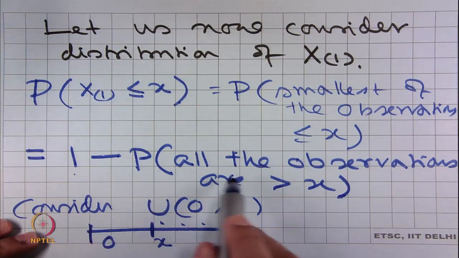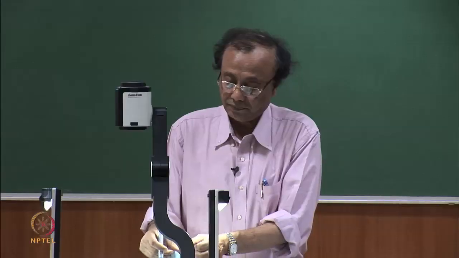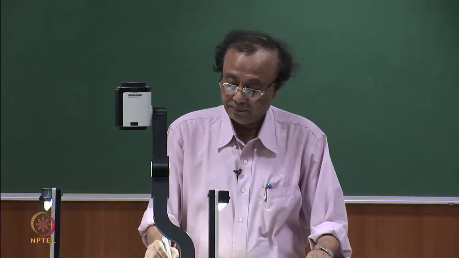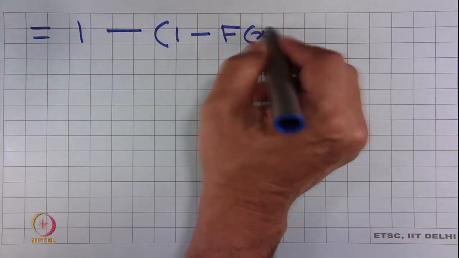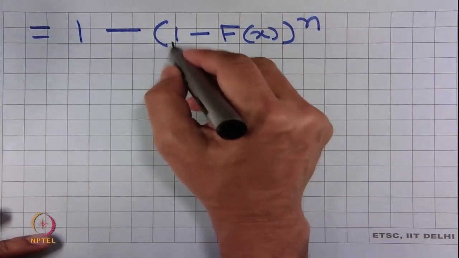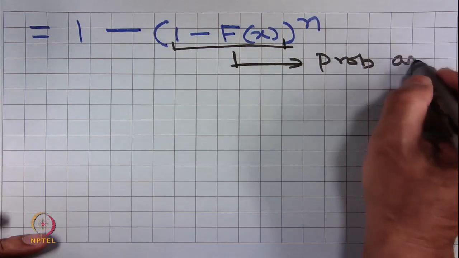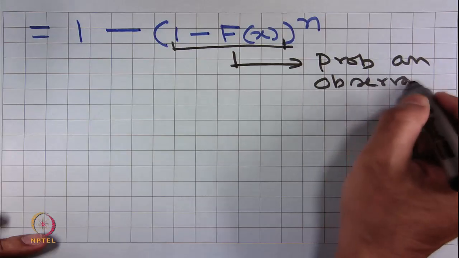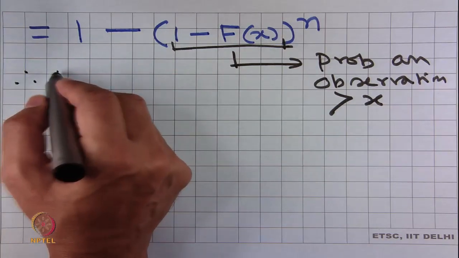Therefore, 1 minus the probability all the observations are greater than x, and therefore this is 1 minus F x whole to the power n, because this is the probability an observation is greater than x.